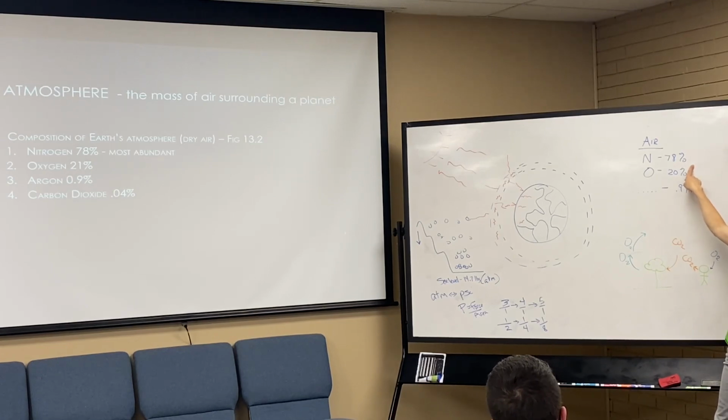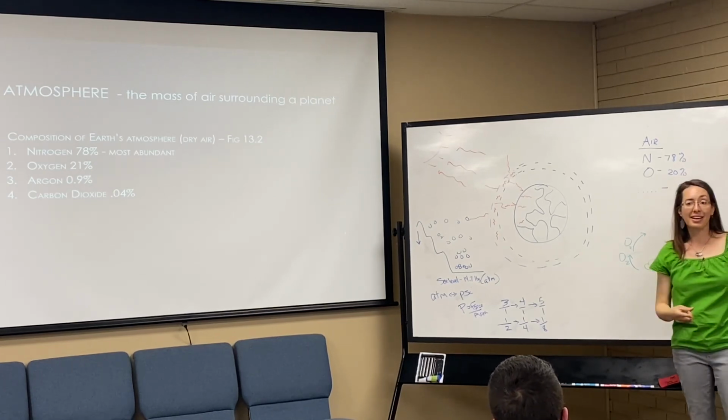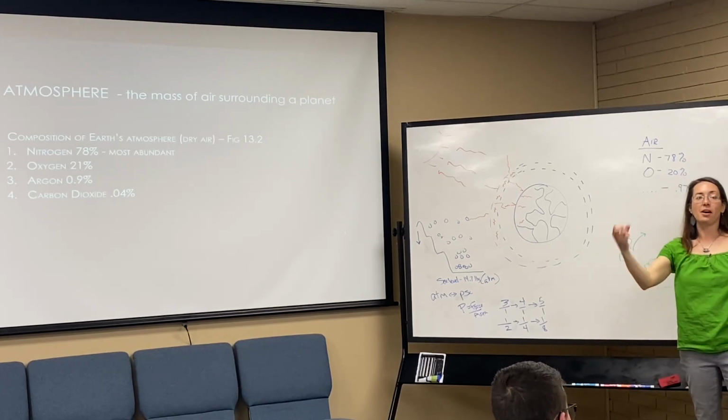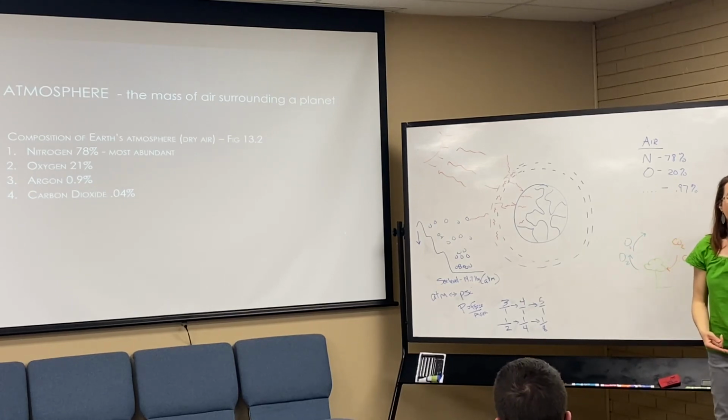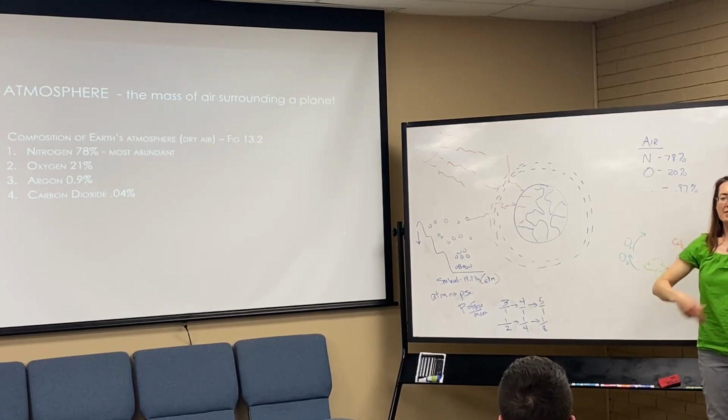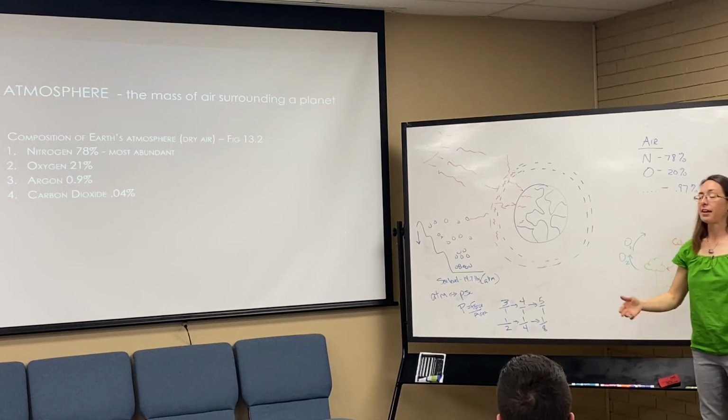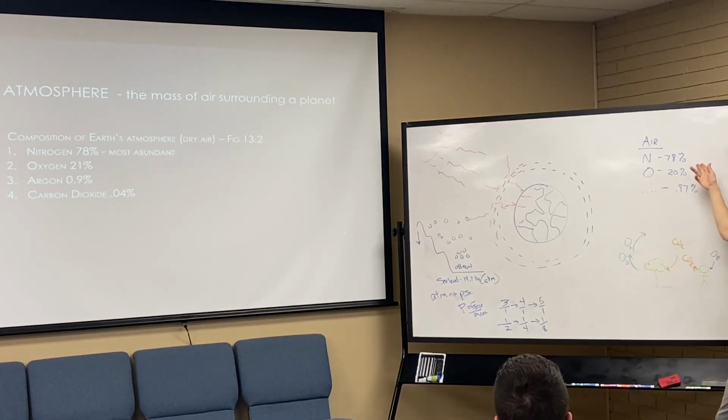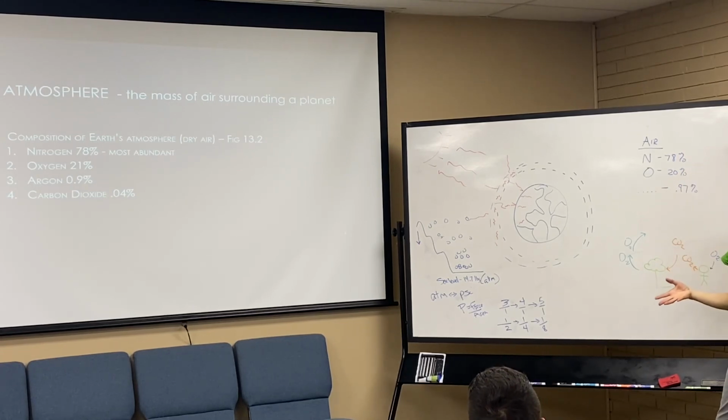If we didn't have nitrogen, we wouldn't have plants. If you don't have plants, you don't have the ability to change carbon dioxide back into oxygen. If you don't have that, we don't have the ability to sustain life. So nitrogen is the number one gas that allows for life on a planet to exist.